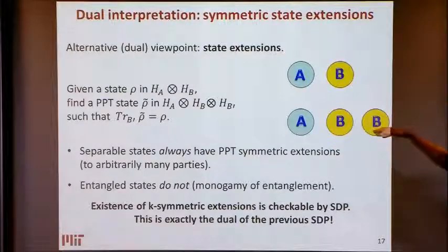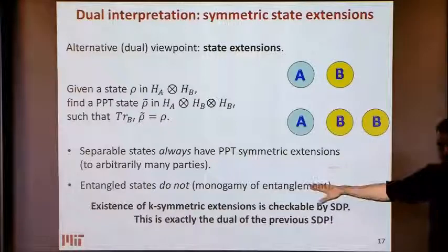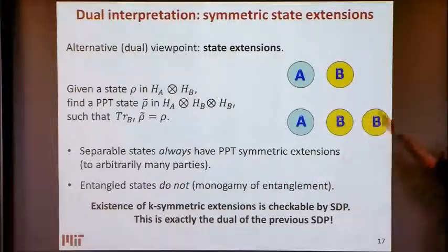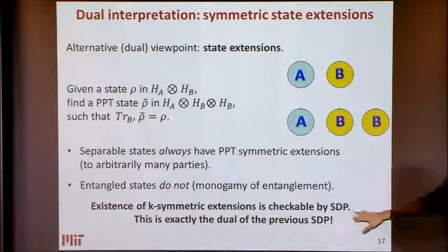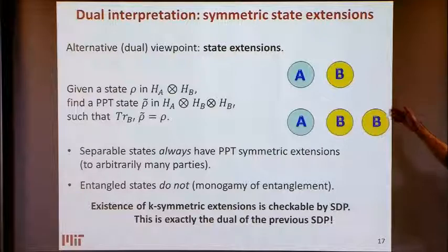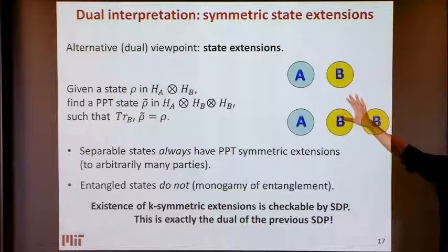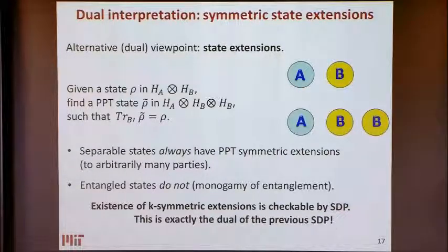And it turns out that you can decide that separable states will always have these extensions, entangled states cannot have these extensions to a sufficiently large number of parties. If you check the existence of the conditions, the only things involved are either linear equations or semi-definite conditions. So this is a semi-definite problem, and in fact it's exactly the dual of the stuff that I described in the previous slide.